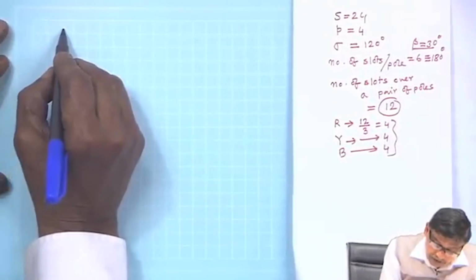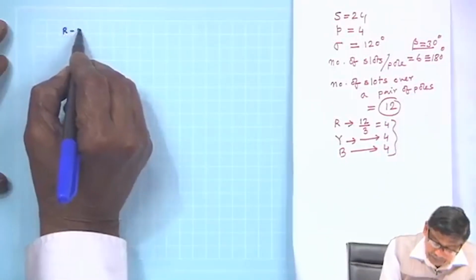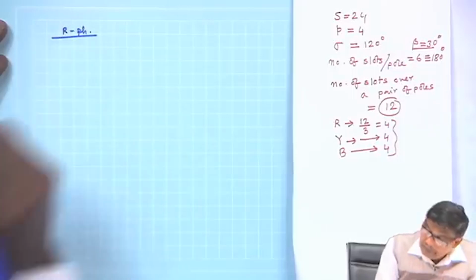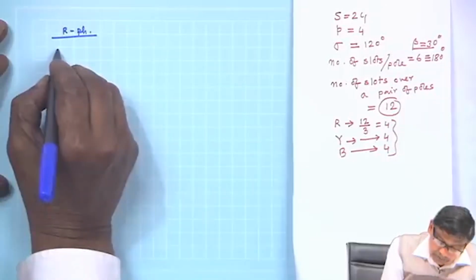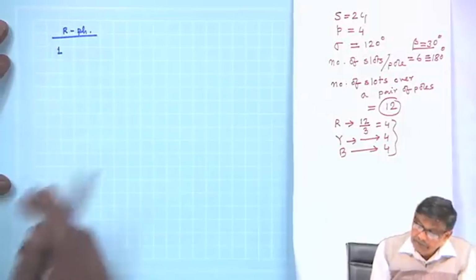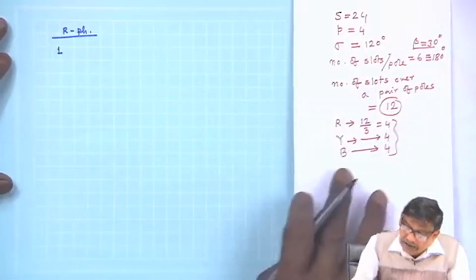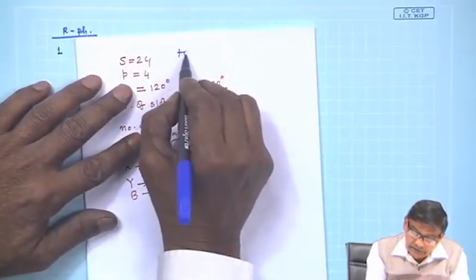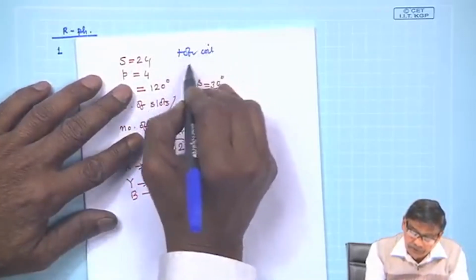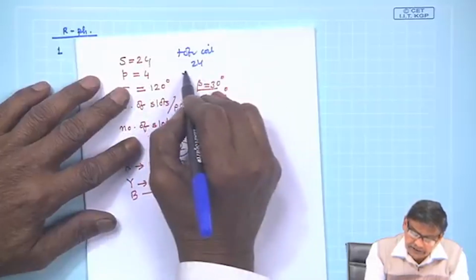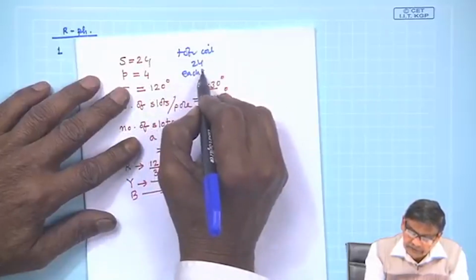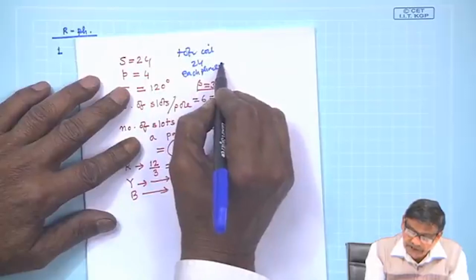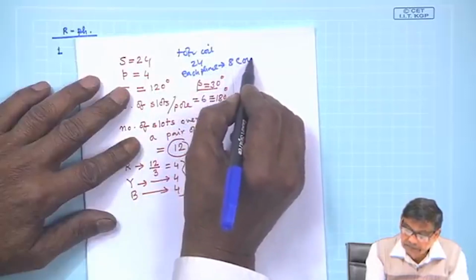So, for R phase, I start from slot number 1, first coil. And how many coils are there? Total coils are 24, do not forget that, and each phase must have 8 coils, these are known.